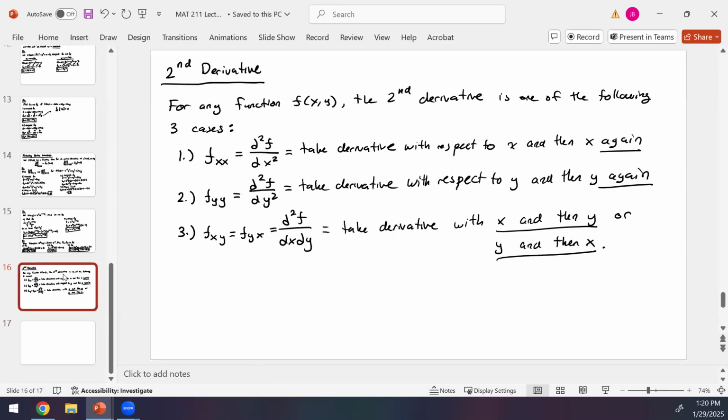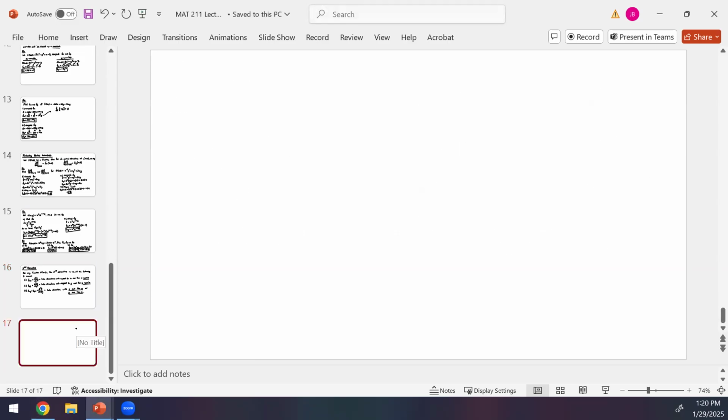So now let's just practice an example of calculating a second derivative. And it's all just taking more derivatives, right? So the rules don't change in terms of taking a derivative itself. It's just now we got to be careful. So let f of x comma y be equal to 6x squared y.